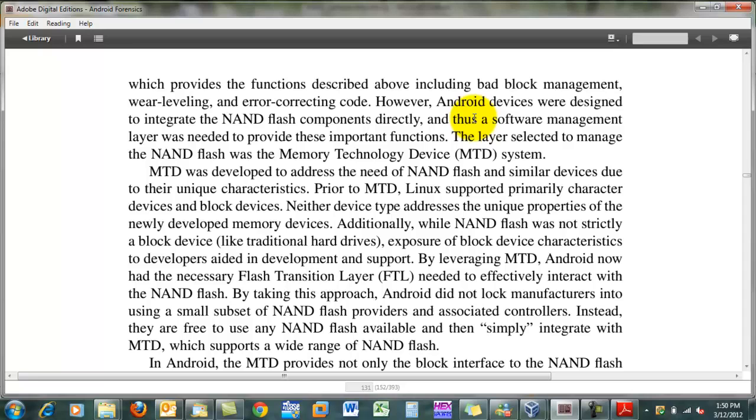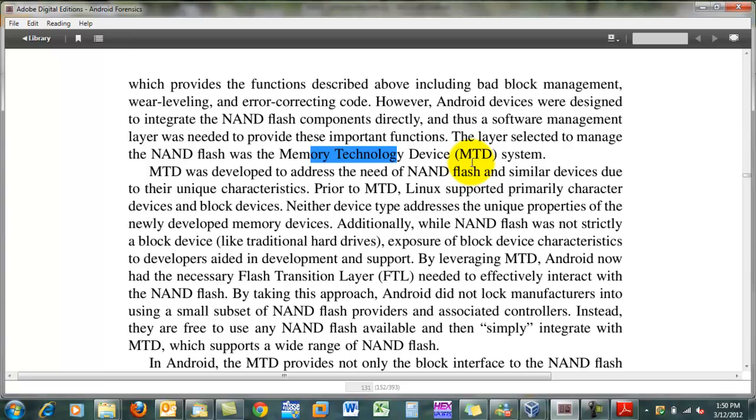As we discussed before, because flash devices are raw devices, and Android is built in such a way that it deals directly with the flash device, they must have some software layer that manages the flash, and this layer is called MTD, which stands for Memory Technology Device.